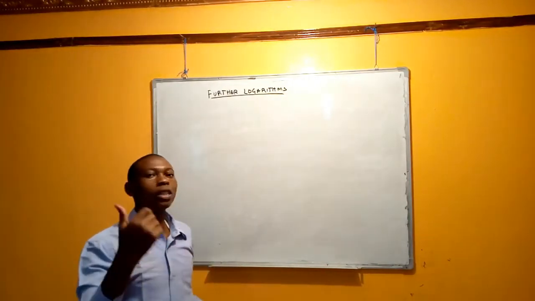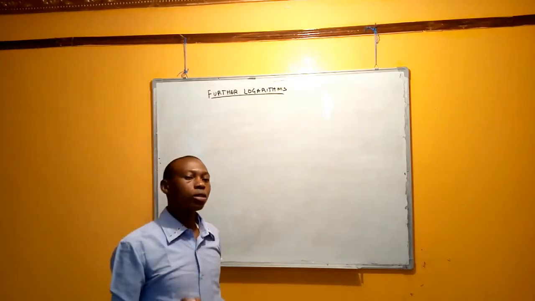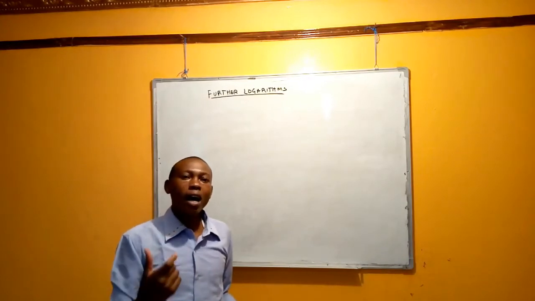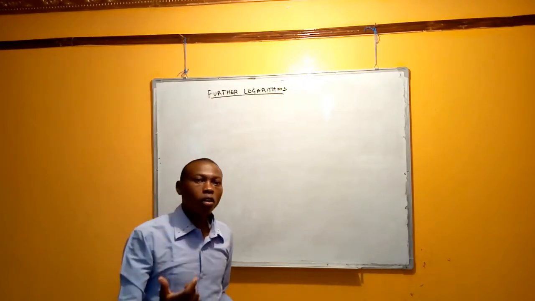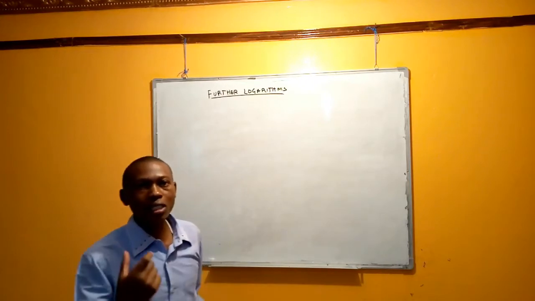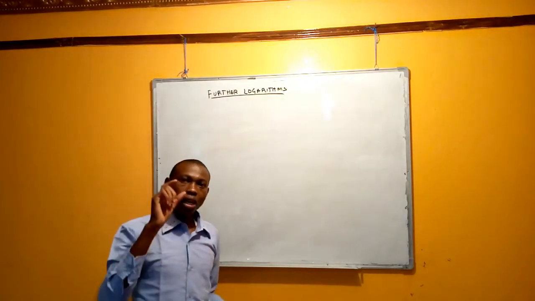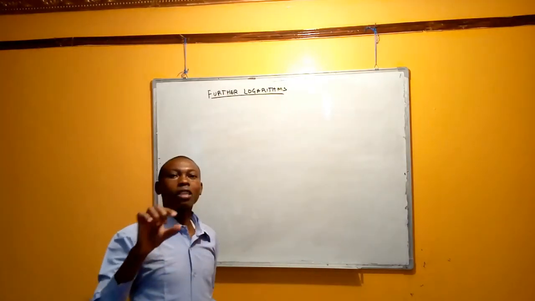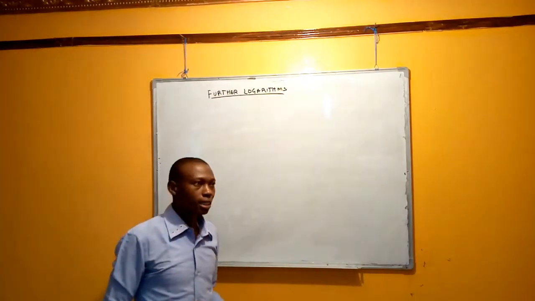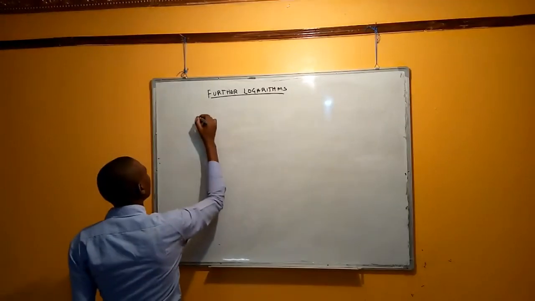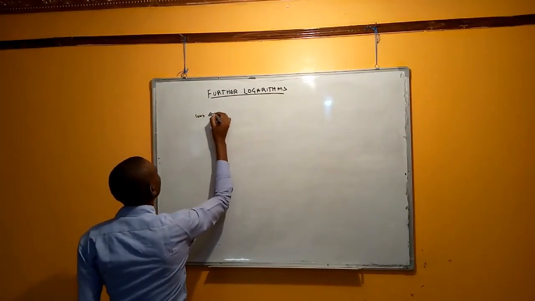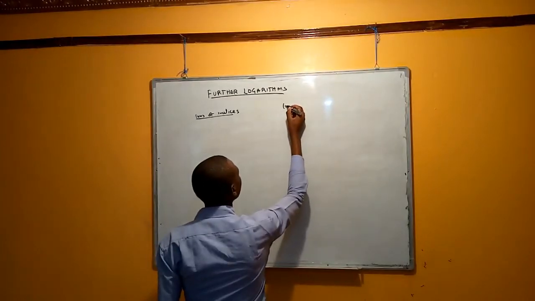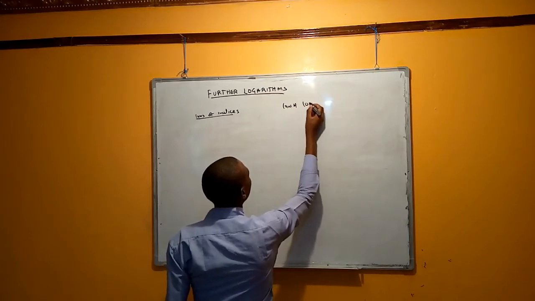As with indices, where you learned about the laws of indices, we are again going to discuss the laws of logarithms, because these laws of logarithms are just extracted from the laws of indices. So as we have said, we have the laws of indices here, and then the laws of logarithms.